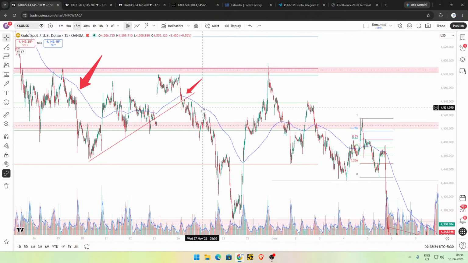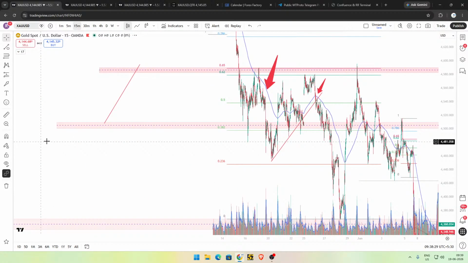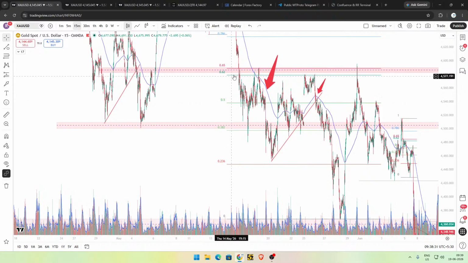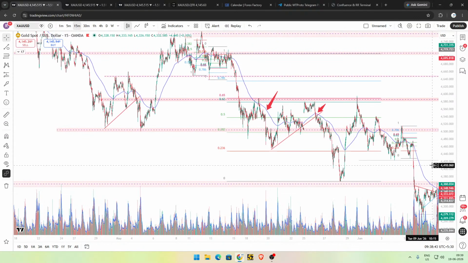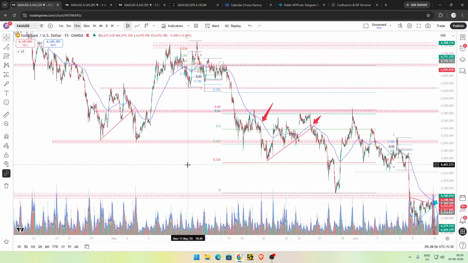Again here also same thing, it formed a very nice inverse head and shoulder kind of pattern, but it didn't go because of the 200 moving average. When it would have crossed the 200 moving average, then there was a high chance it would have worked. Okay, and then left shoulder, head and shoulder, 200 moving average, it respected, but it didn't sustain here. If it had sustained over here, then it would have gone up.